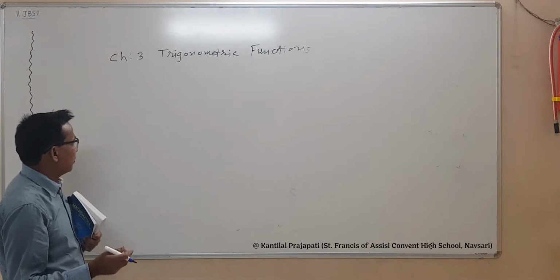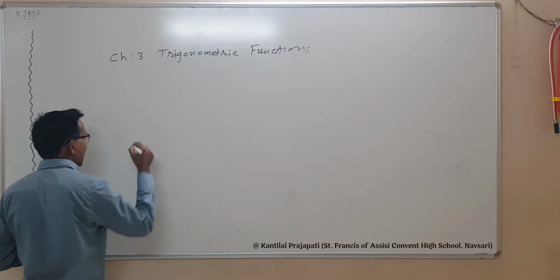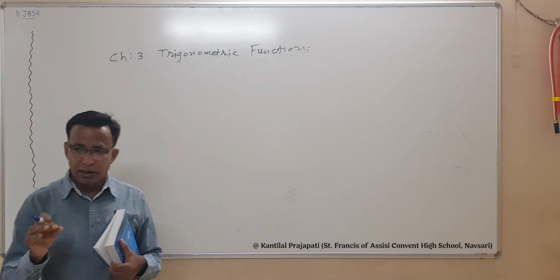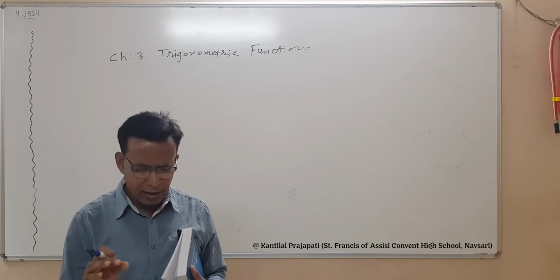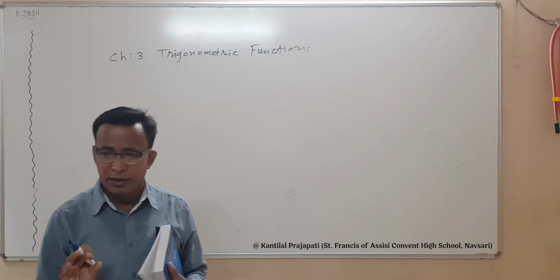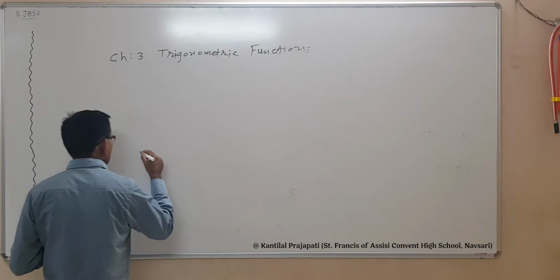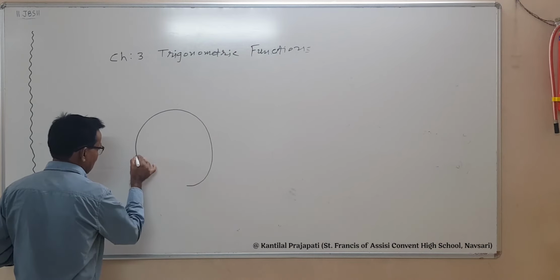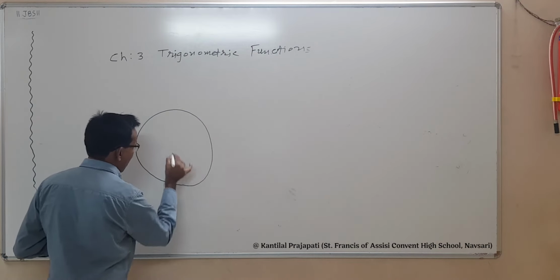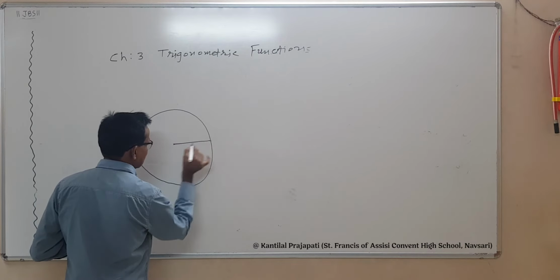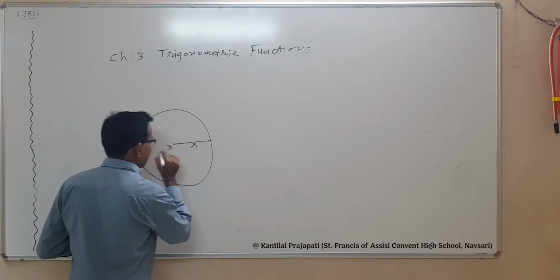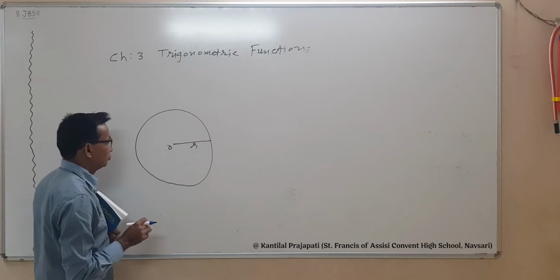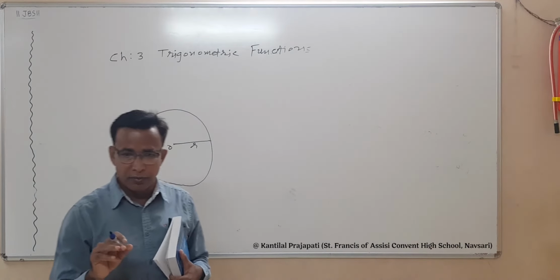Also, we now find the relation between the radian measure theta, the length of arc L, and the radius r. Consider a circle with radius r with center O. We have defined 1 radian.